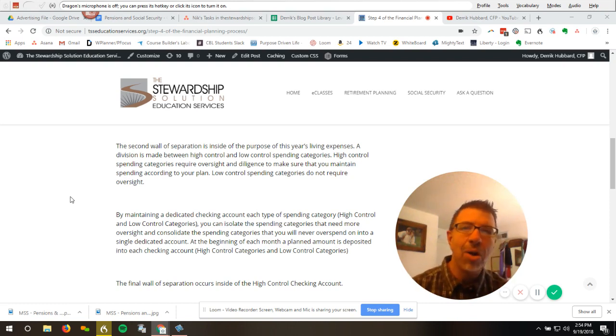And guess what? All you've got to do at the beginning of each month is put the right amount into the account and you're done, because you don't need to track those things because you're never going to overspend on them by definition. So the second wall of demarcation, or line of demarcation, is a dedicated account for high control expenses and a dedicated account for low control expenses. Every single month at the beginning of the month, you've got a distribution going out of the savings account for the right amount to go into the high control checking account category.